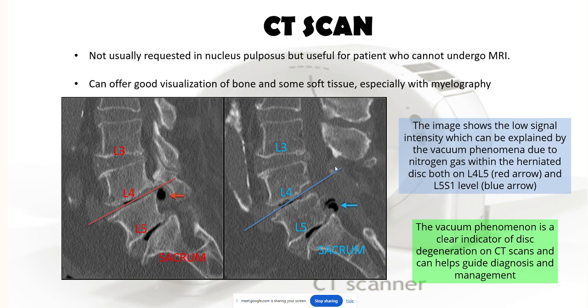For example, the image shows low signal intensity, which can be explained by the vacuum phenomena due to nitrogen gas within the herniated disc, both on the L4, L5, and the L5S1 level. This indicates the herniated disc. The vacuum phenomenon is a clear indicator of disc degeneration on CT scan and can help guide diagnosis and management.